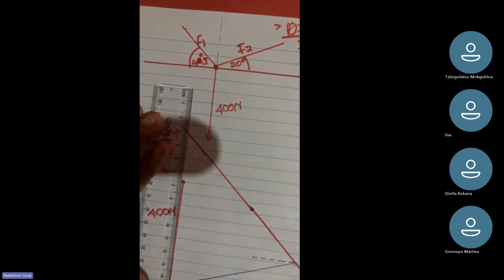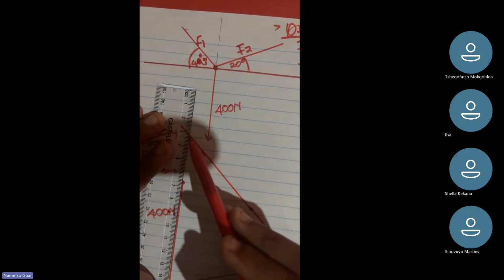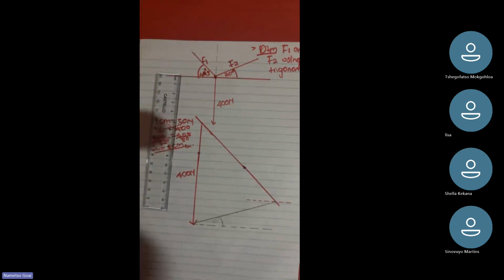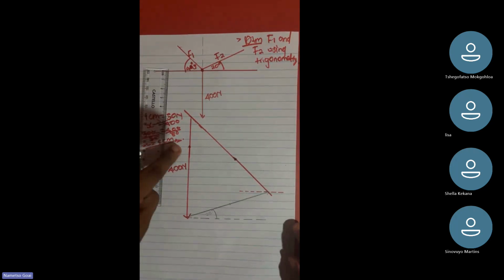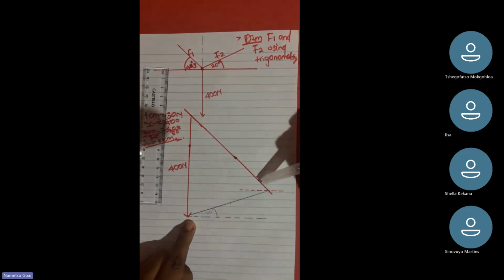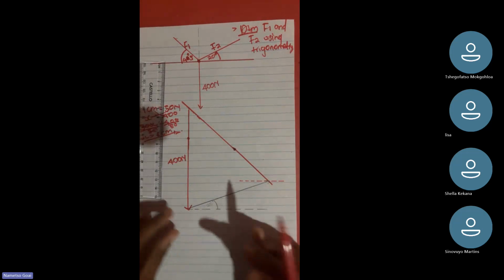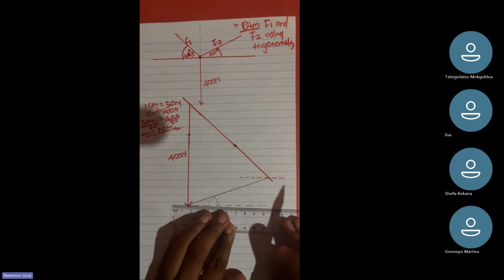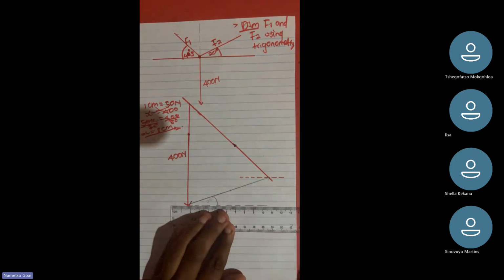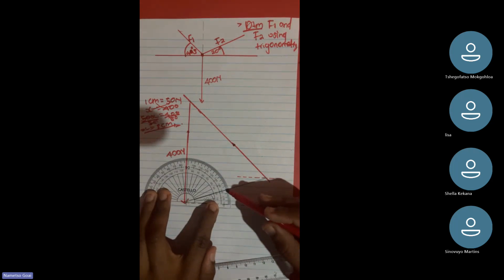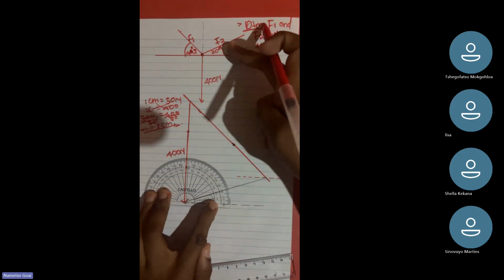The reason why I'm extending this 400 Newton is because, as much as we know the 400 Newton angle, we don't know what the other angles are. It's a struggle to connect them without the other one overlapping. But we know for a fact that this is 20 degrees, because we drew an x-axis at the end of the 400 Newton and placed the protractor at 20. That's where your F2 would lie.